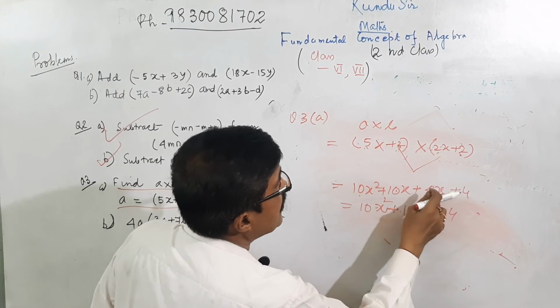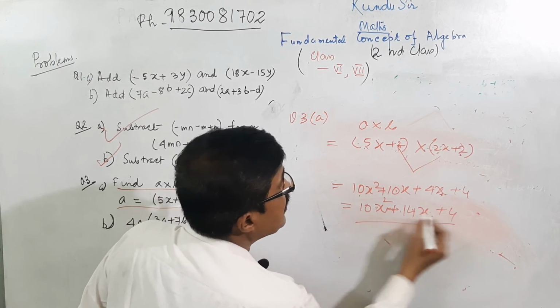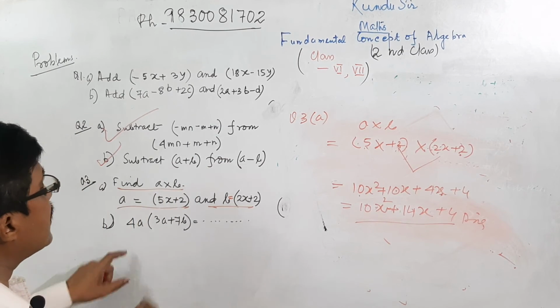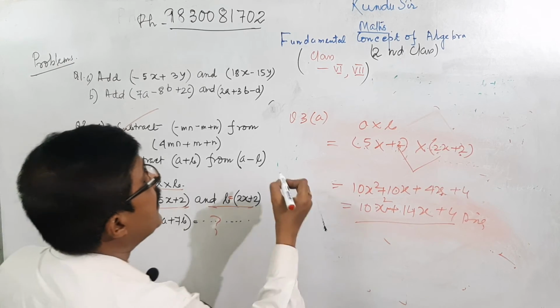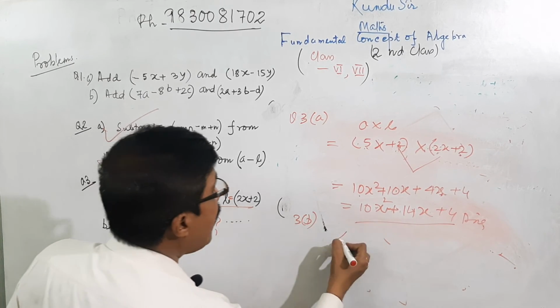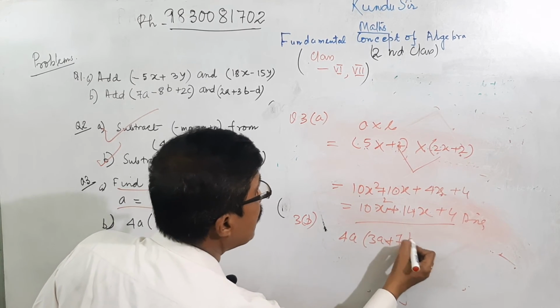So 10x plus 4x equals 14x, and 4. It is the answer. The last sum for this class, what is the result? Now it is problem number 3b: 4a into 3a plus 7b.